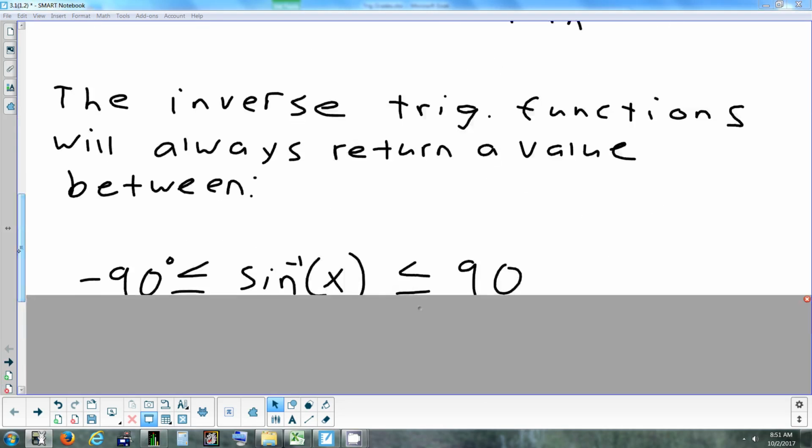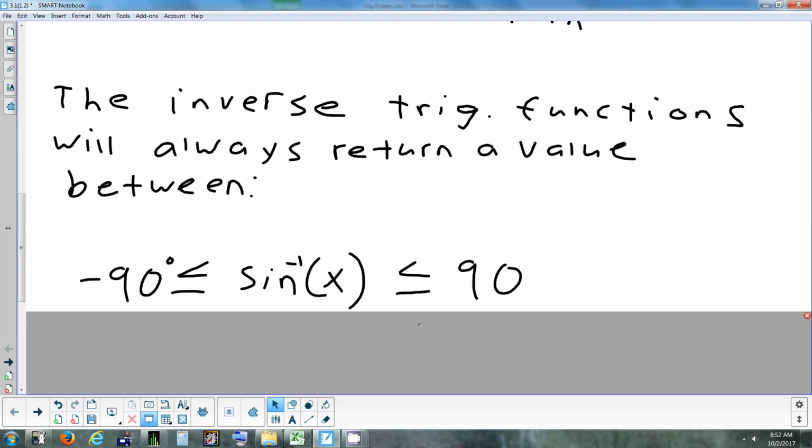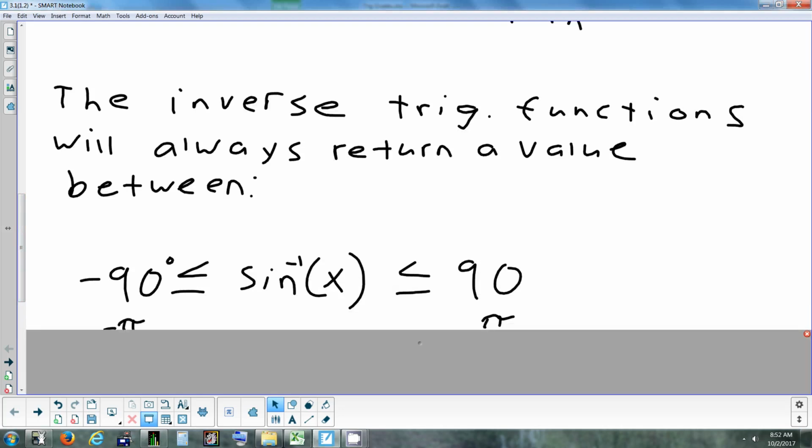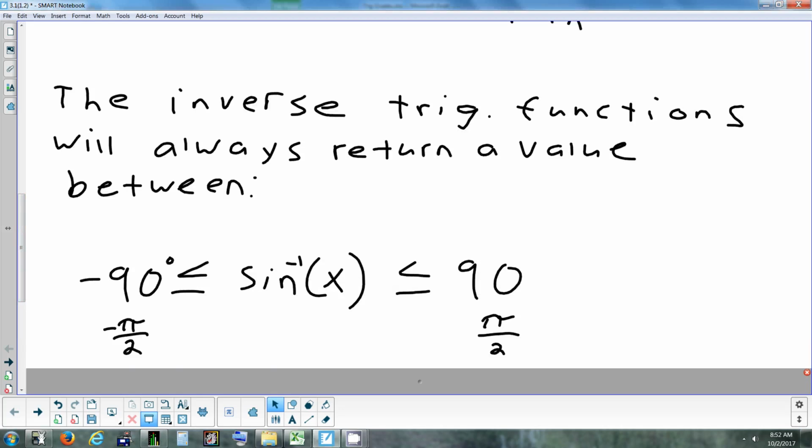Okay? And for inverse sine, when you type in something for x, you're always going to get an answer between -90 and +90. Or if you're doing it in radians, it's -pi/2 to pi/2.